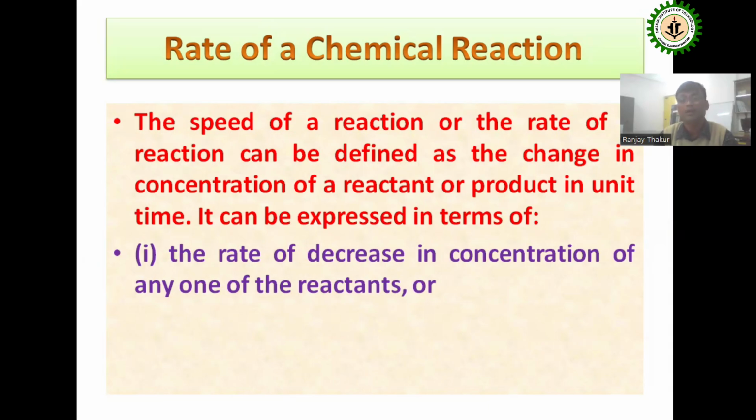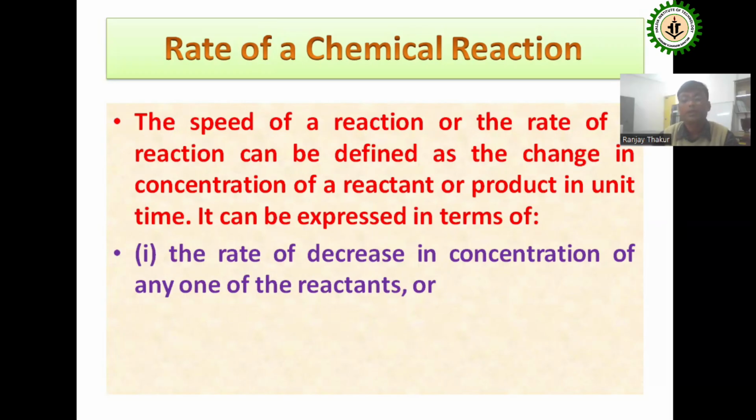If there are multiple reactants, then as the reaction proceeds, the concentration of reactant decreases with time, and from the rate at which it decreases we can get the rate of reaction with respect to a particular reactant.